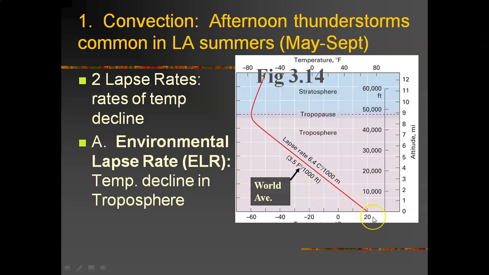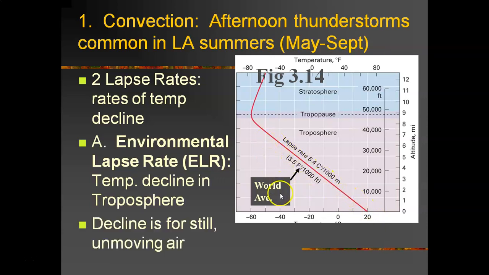We're going to be talking about the actual rates of temperature decline in the troposphere, and it varies. I want to make the point right now that this is for still, unmoving air. This is not the rate of temperature decline in that heated bubble of air. It's just, what is the temperature in the troposphere at 1,000 feet?